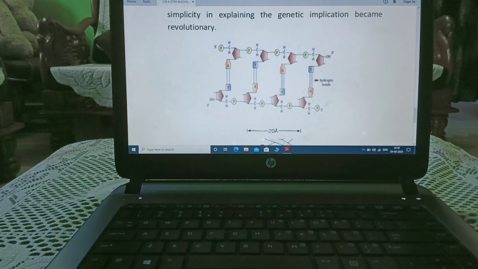Similarly, it will join with another pentagonal structure, and two molecules are added to each other by a phosphate molecule. At the end, this is the 3' end where a hydroxyl group is there, and similarly here the 3' end hydroxyl group, and here the 5' end phosphate group is there. Just focus on how it is joined with each other. This is known as a polynucleotide chain.